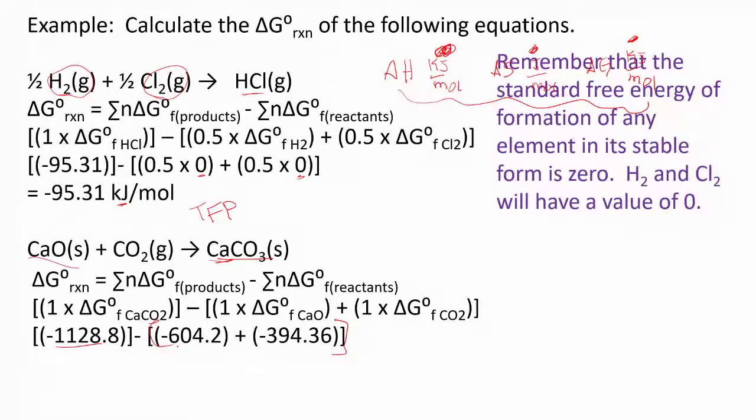So calcium oxide solid is negative 604.2 and carbon dioxide gas is negative 394.36. So that gives us a negative 130.24 kilojoules per mole. So you'll notice in between all of our different videos, we have now calculated the delta H, the delta S, and the delta G for 2 equations.